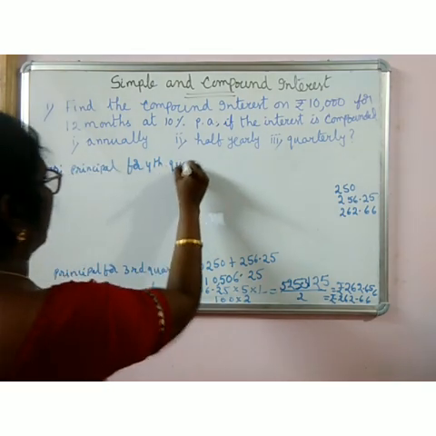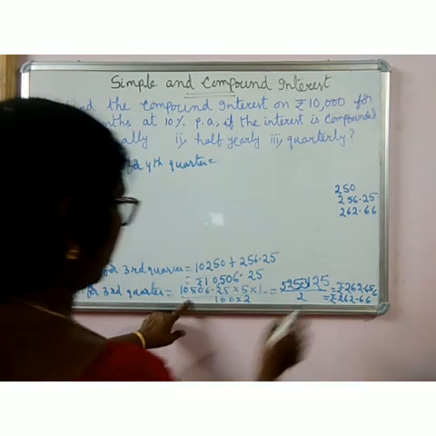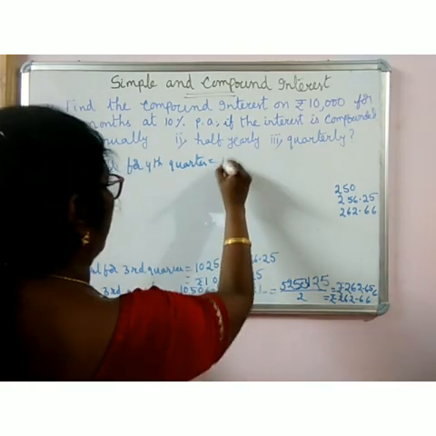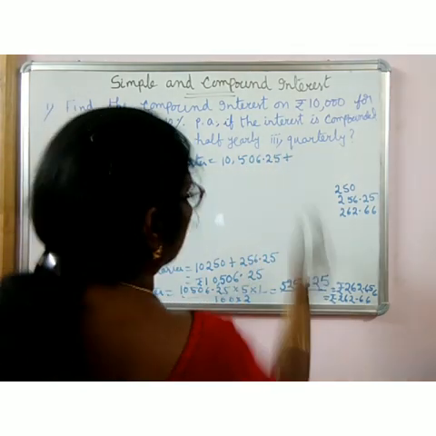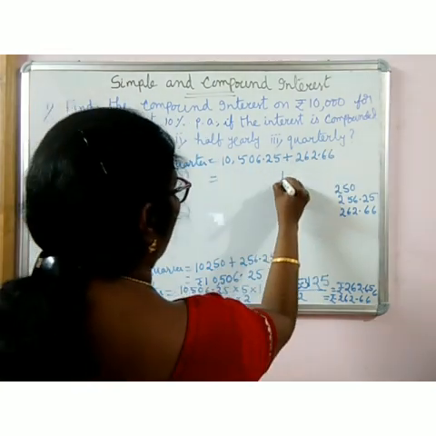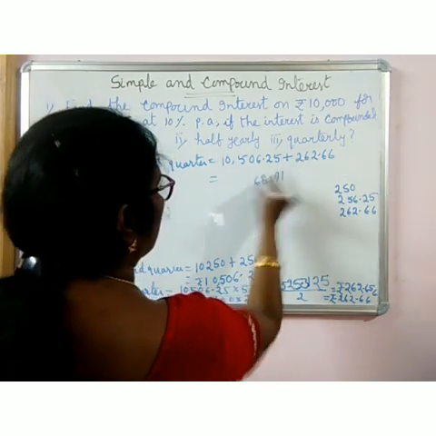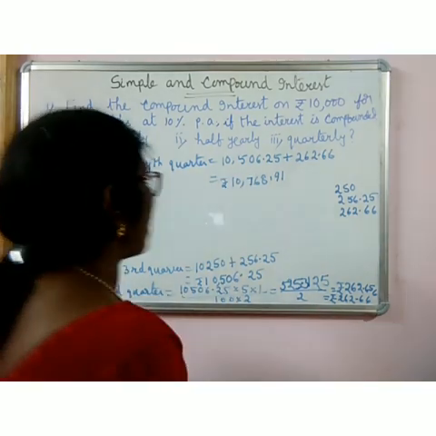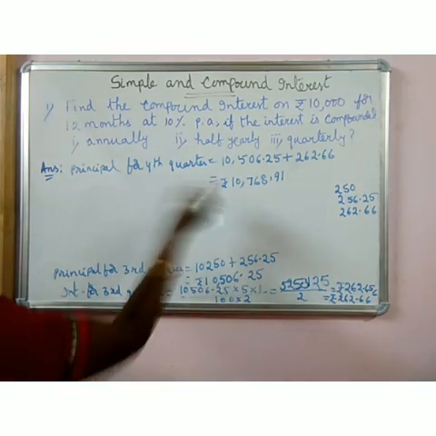Principal for the fourth quarter is the amount after the third quarter, 10,506.25 plus interest 262.66. 6 plus 5 is 11, 1 carrying, 7 plus 2 is 9, 2 plus 6 is 8, 6, 2 plus 5 is 7, 10. 10,768.91 is the principal for the fourth quarter.